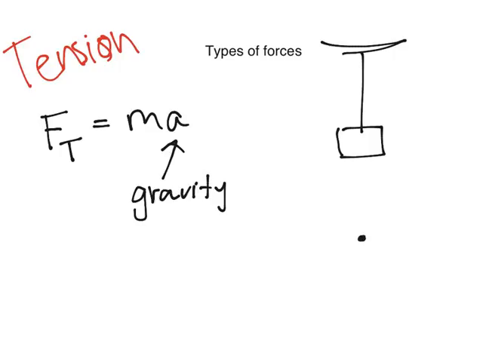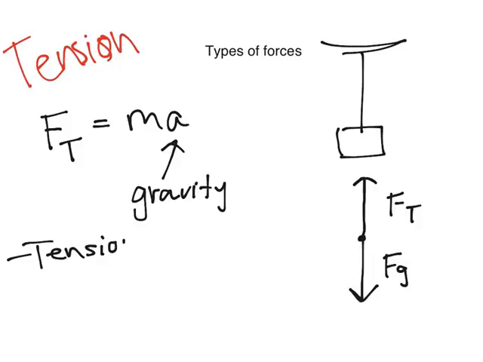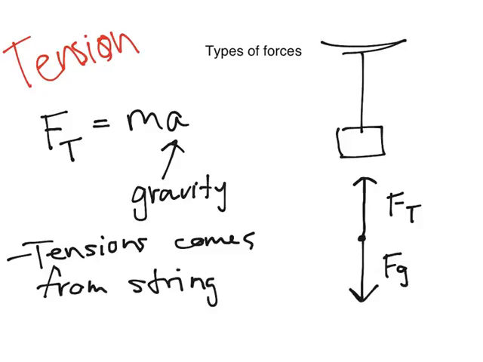So your free body diagram of this would be your gravity, Fg, pulling it down, but since it's not falling, your F tension is equal and opposite to it. And that's really all you need to know: tension comes from strings or cables, for example.